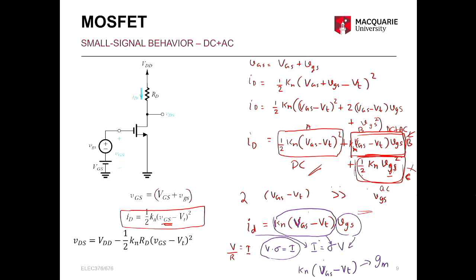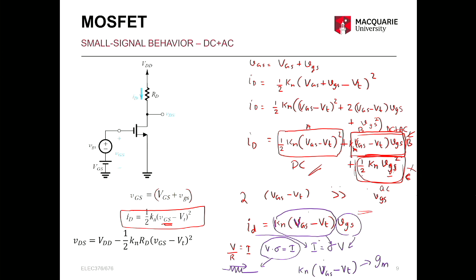Okay? So why is it called the transconductance, not just conductance? It's because it's not like this equation where a current flows through the same resistor where a voltage is applied across the resistor. This is about you apply voltage at the input and the current flows at the output. So it's a cross-referencing.